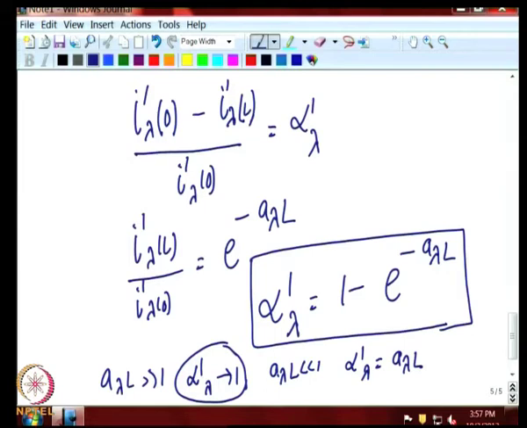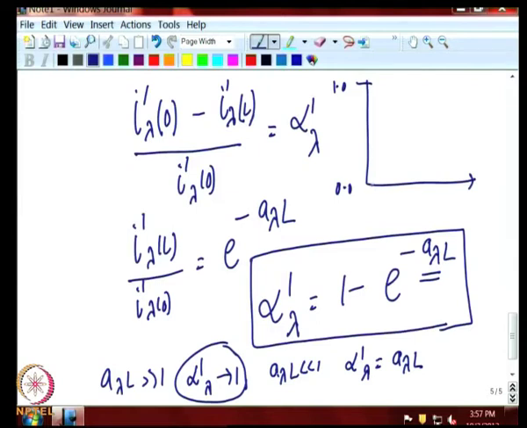Now, notice that we already mentioned that a lambda has a very, very complex and rapid variation with lambda, which means alpha prime lambda is an even more rapid variation. So, let me now plot for a typical situation. Alpha prime lambda has to be only between 1 and 0 because of this definition here.